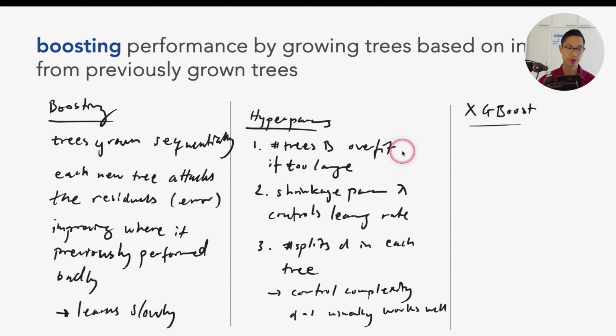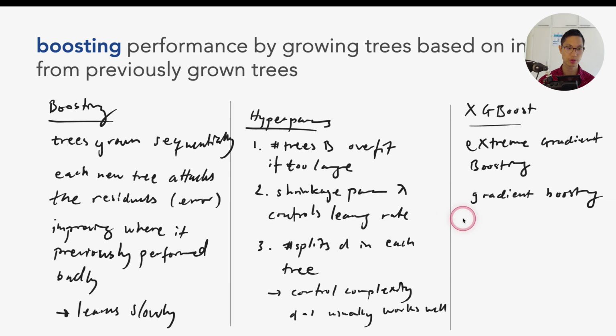Then for XGBoost, we talked about boosting. XGBoost is extreme gradient boosting, and it's gradient boosting like before, with regularization as well. We talked about L1 and L2 regularization in the previous linear regularization video. And here we add this regularization into the gradient boosting, so that it makes sure to punish the weights.